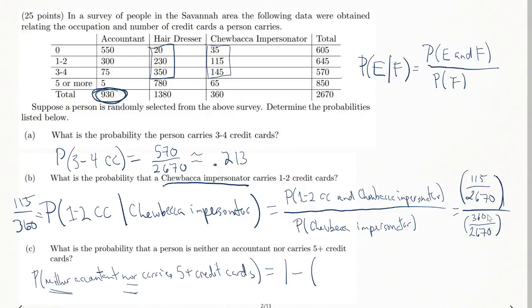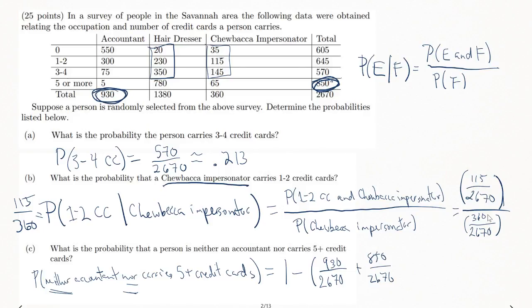So I go 930 out of 2,670 accountants, and then I'm going to add up the number of people that have 5 or more credit cards, 850 out of 2,670.